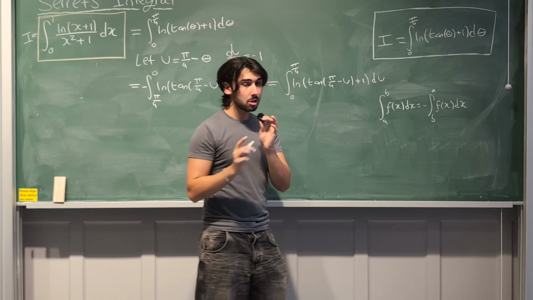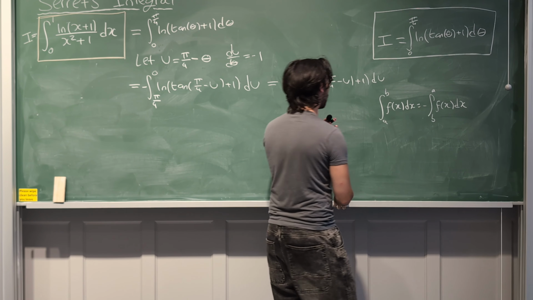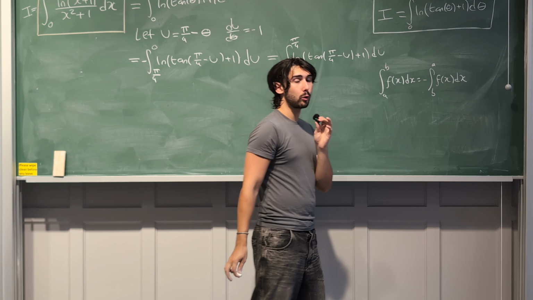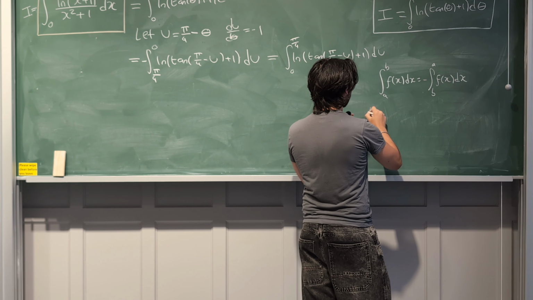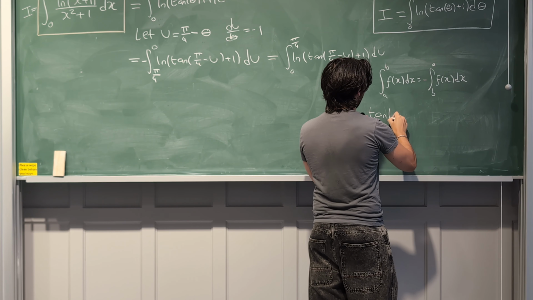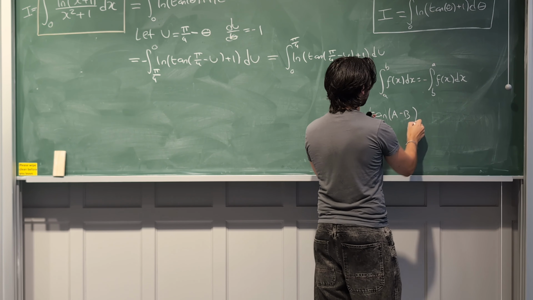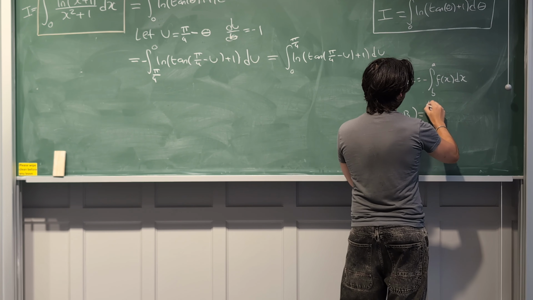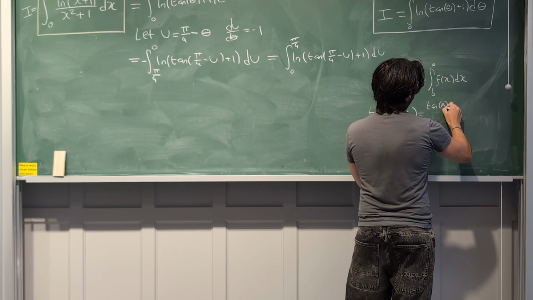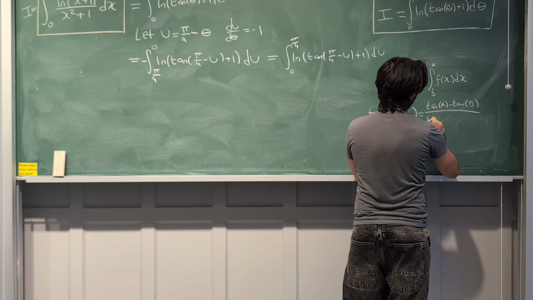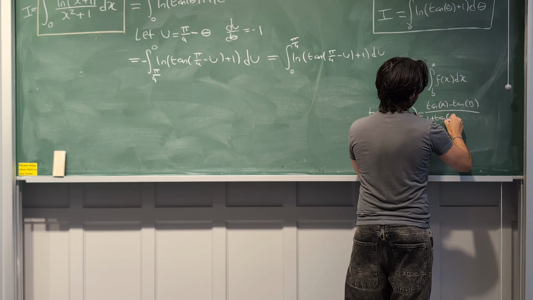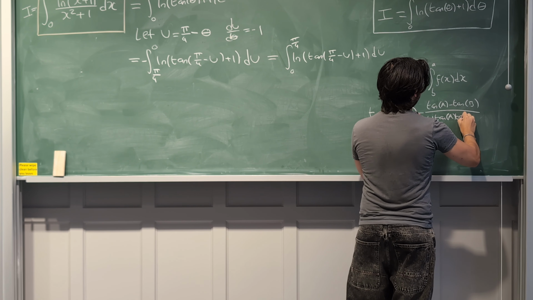Another thing that I'm just about to use, so I'm going to write it down, is the compound angle formula, or the addition formula for tan of a minus b. So tan of a minus b, we're going to use this in a second, is equal to tan a minus tan b over 1 plus tan a tan b.